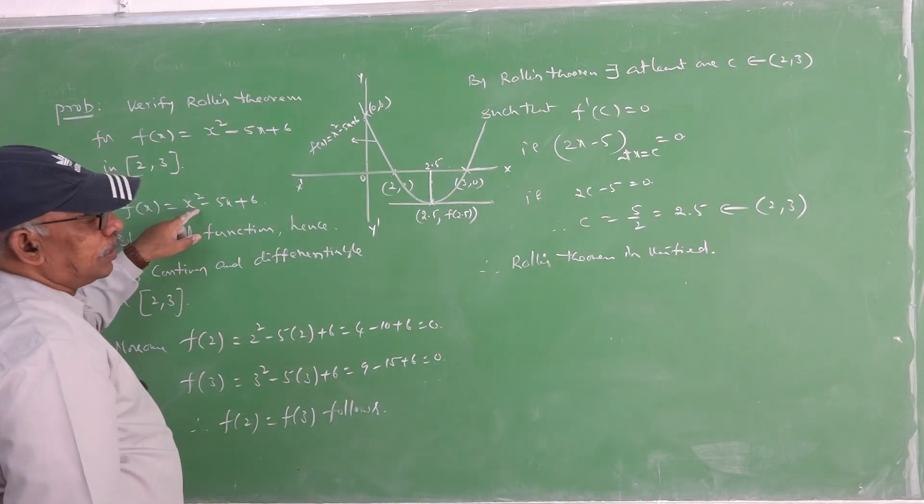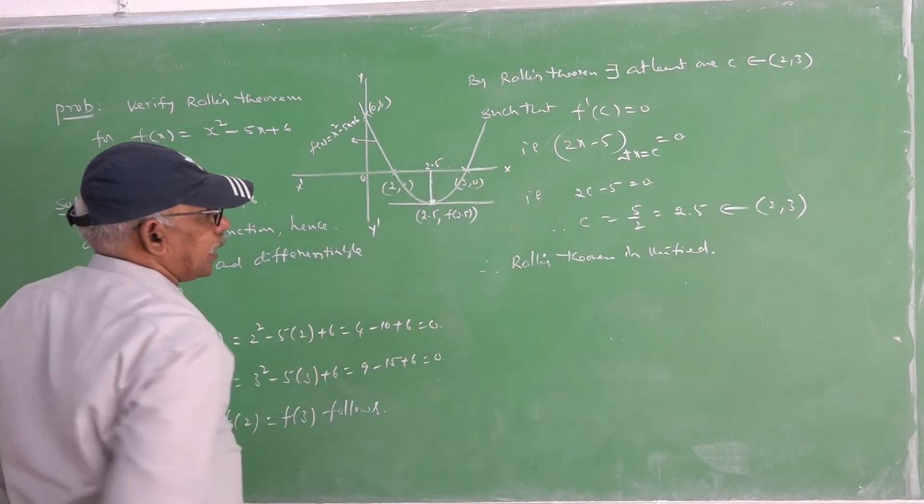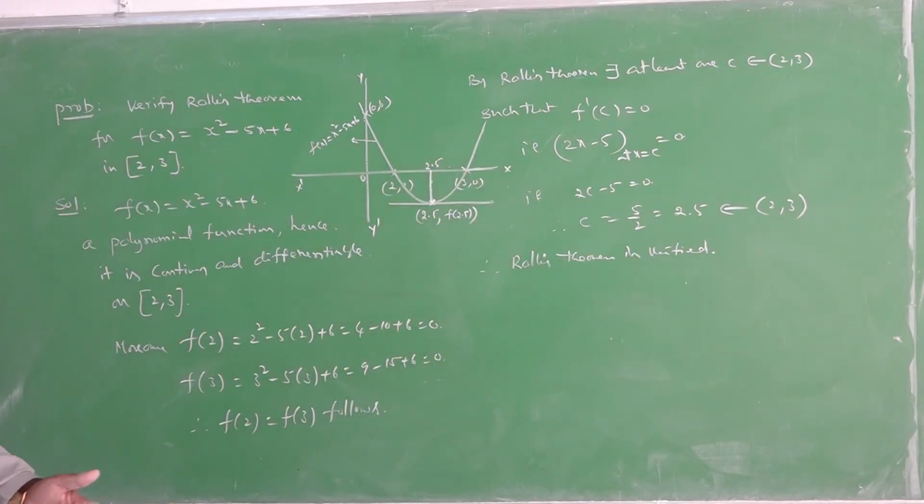At this point, the tangent is clearly parallel to the x-axis. In such a way, you can express Rolle's theorem geometrically.